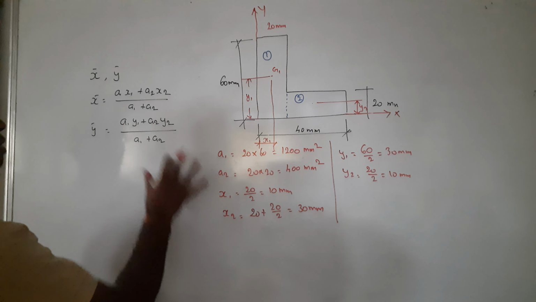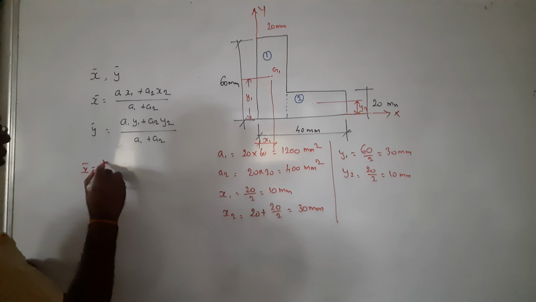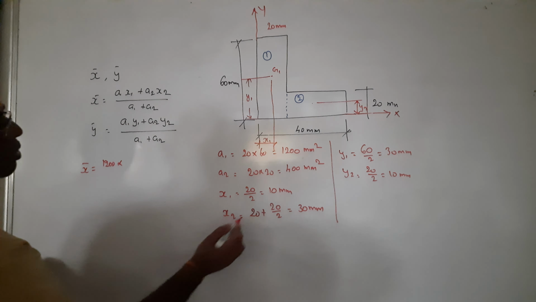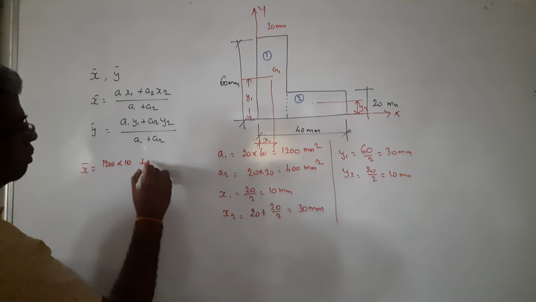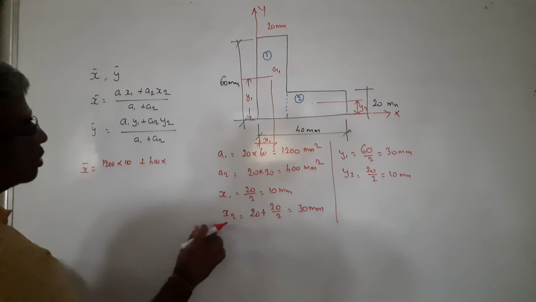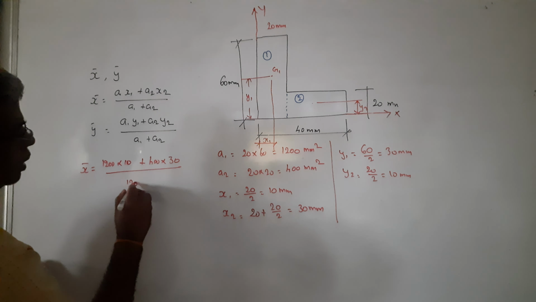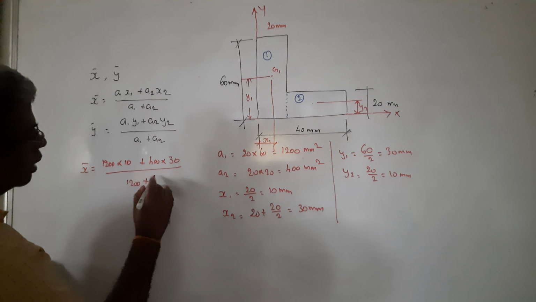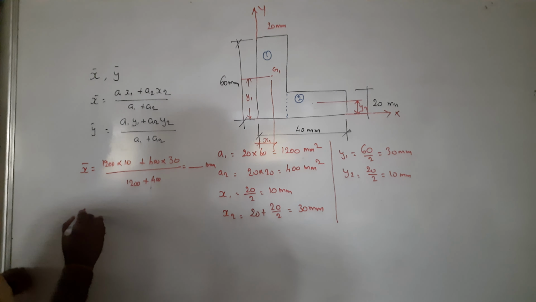Now you apply these values here. X bar is equal to a1 value 1200 into x1 value 10 plus a2 is 400 into x2 value 30, divided by 1200 plus 400. So you can find this value in terms of millimeter.